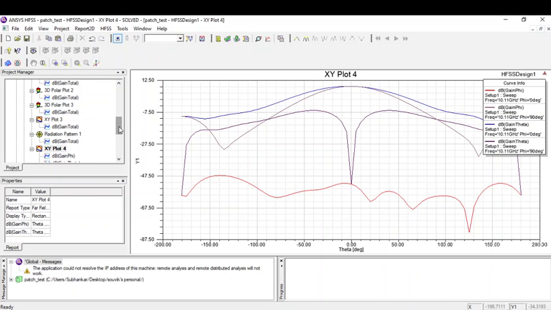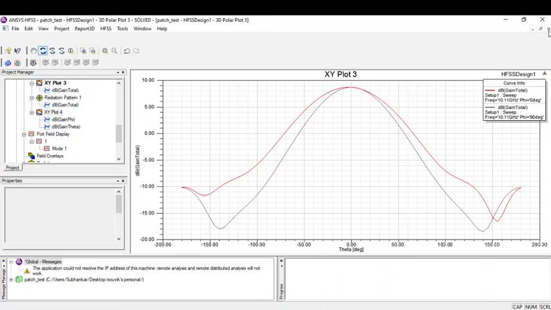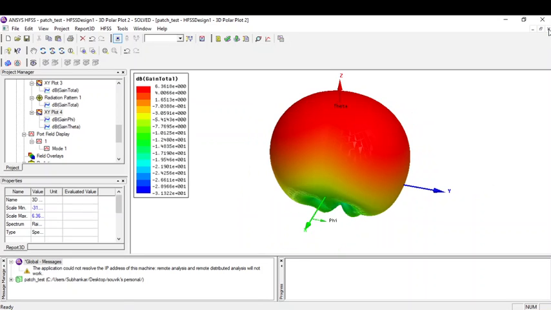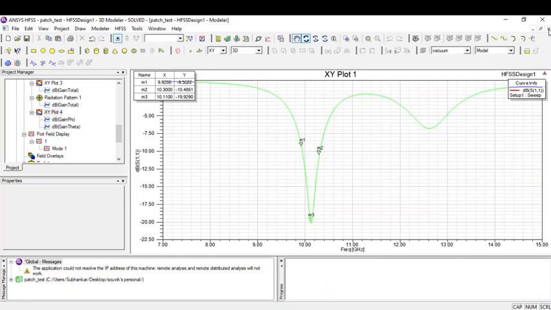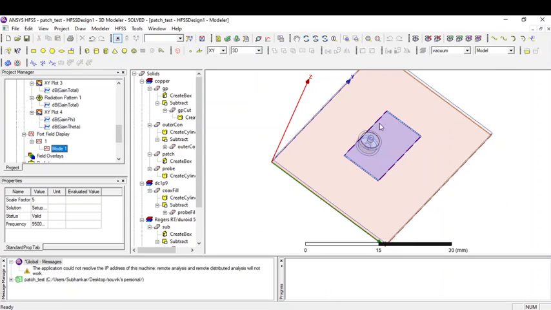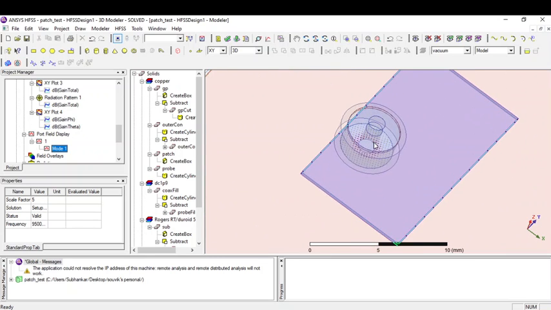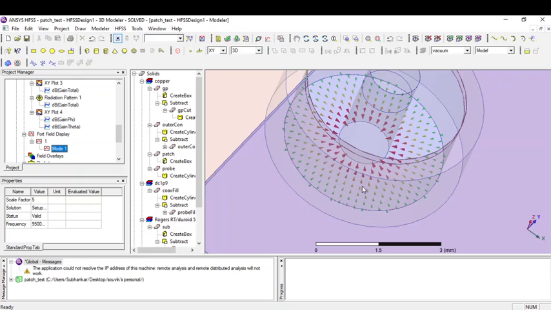The above ones have specific names and the below ones have specific names. If we remove these, we can see the mode 1 is going inside the transmission line.